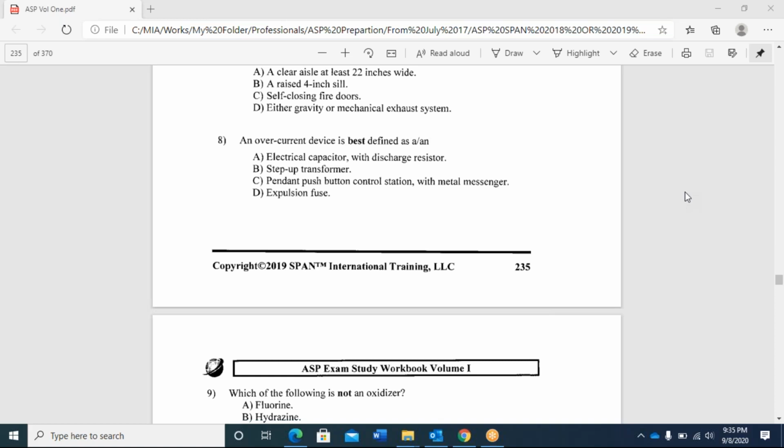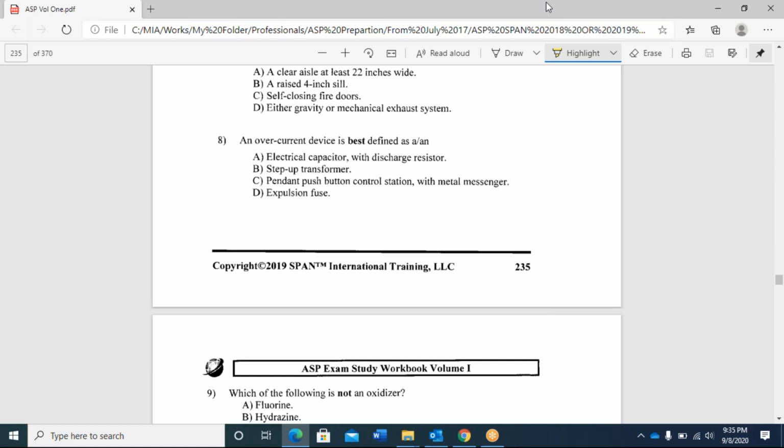After this, it will burn. The fuse will burn only, because there is too much resistance. The resistance of this fuse is too much, so it will burn the fuse. That is called expulsion fuse. So this is an overcurrent device. Once the current is over, it will burn, and it will save your equipment.